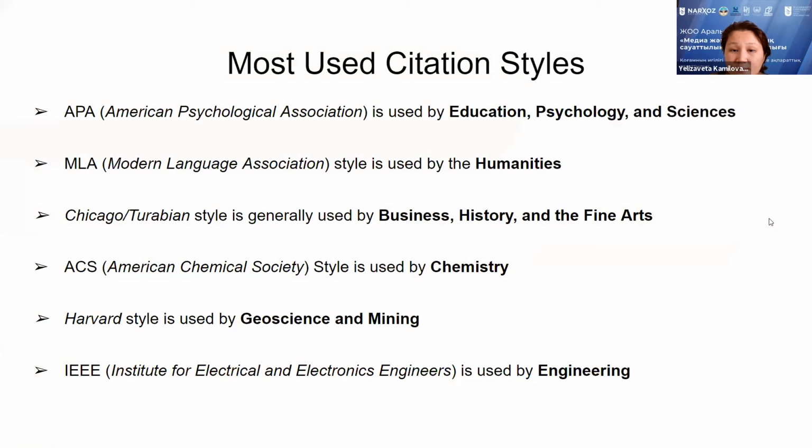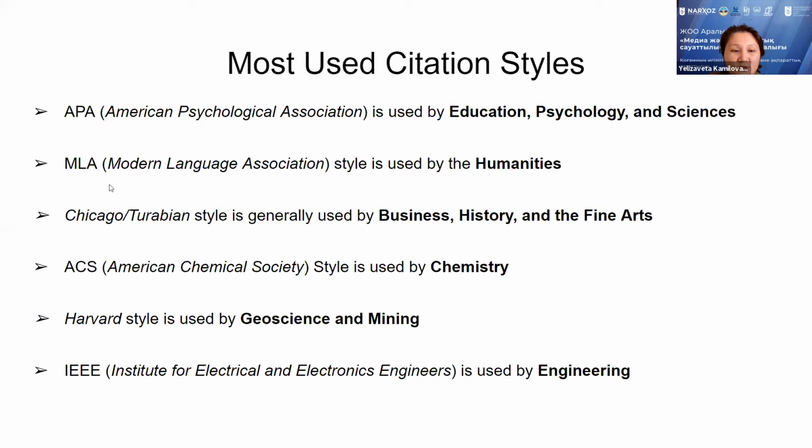So let's see examples of the most used citation styles. First, the most used is APA, which stands for American Psychological Association, used mostly in education, psychology, and the sciences. So when we write an essay or paper in education, psychology, or science, it is mostly preferred to use APA style.